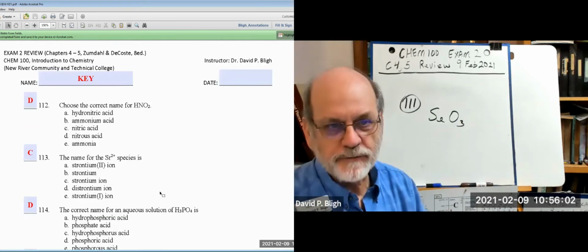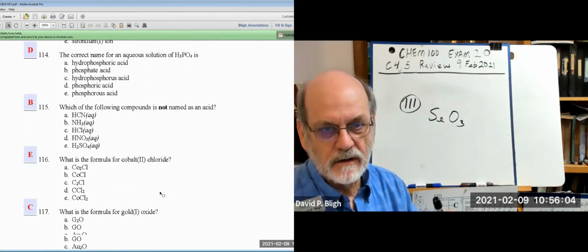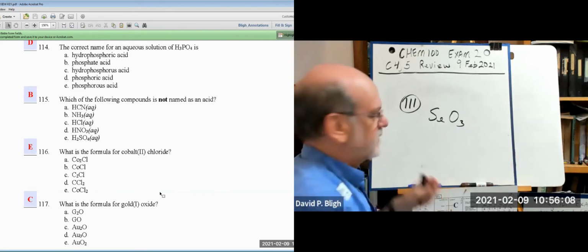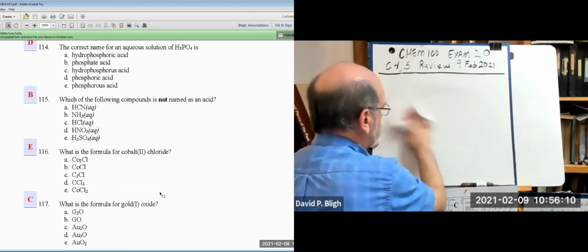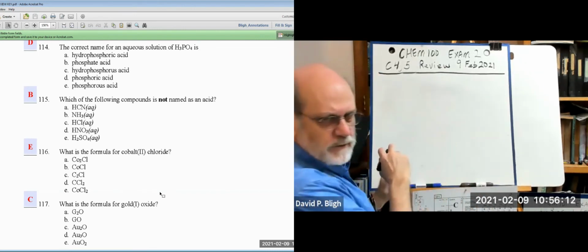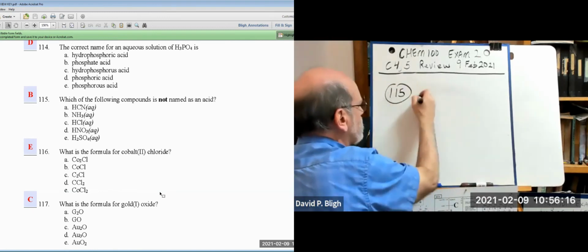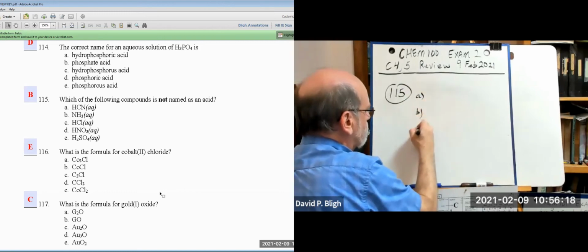How about 115 next? Which of the following compounds is not named as an acid? 115? Yeah, 115. So let's see, what are our choices?